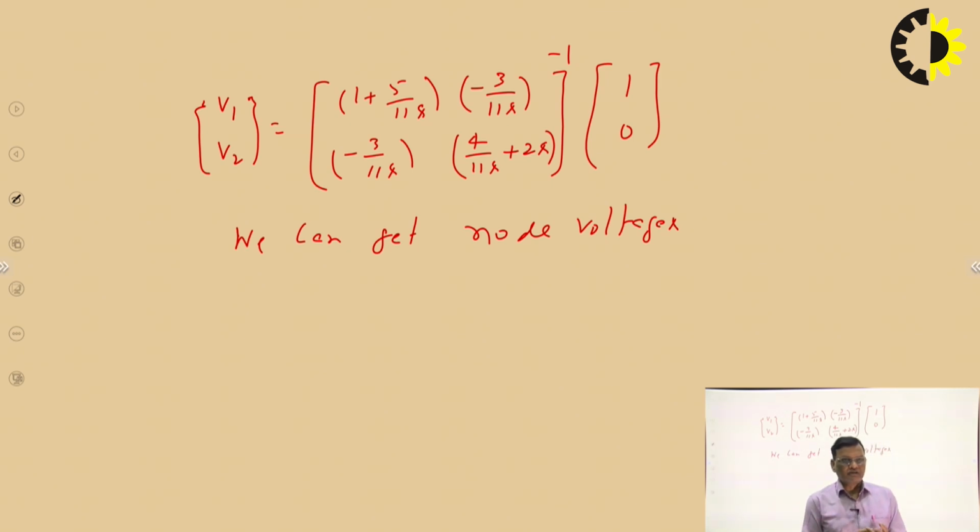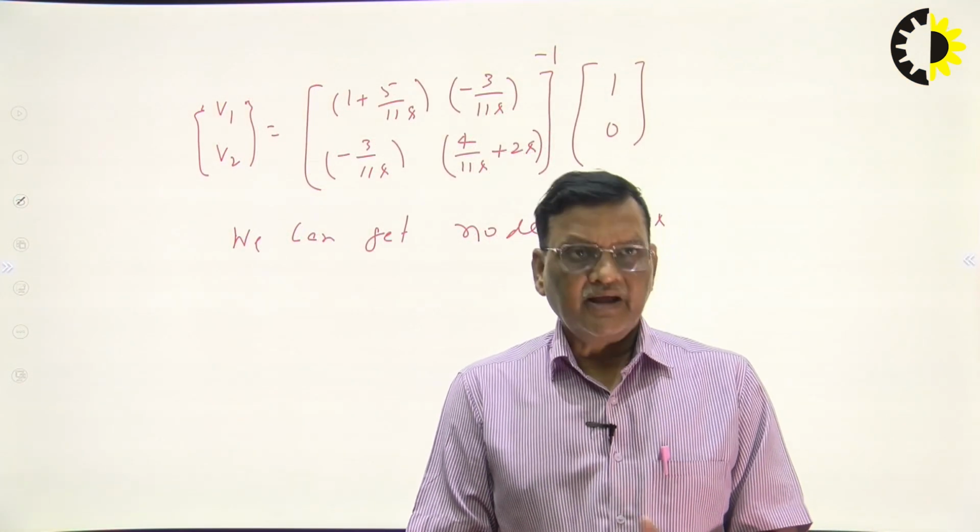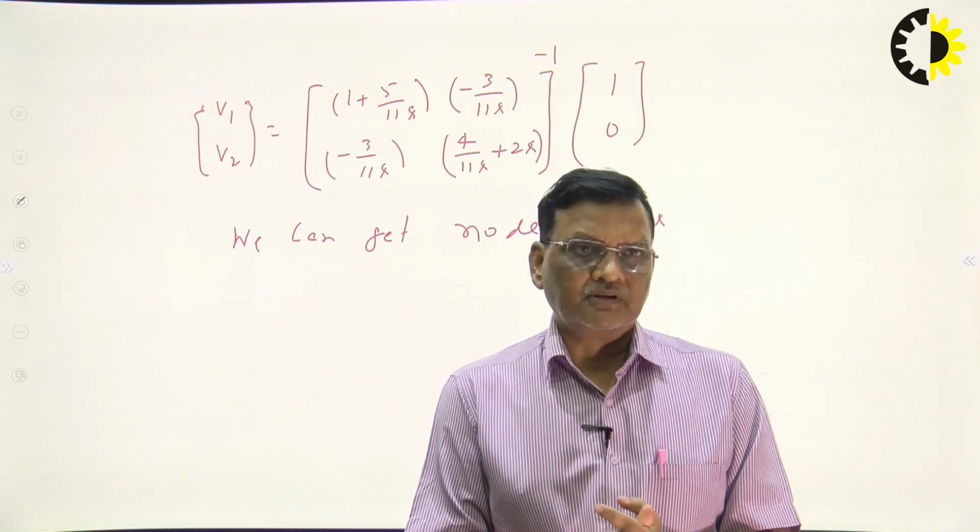First, using the reduced incidence matrix, that is A, or using the fundamental cut set matrix. Using the reduced incidence matrix, we get the node voltages, that is In is equal to Yn Vn. Using the cut set matrix, we find the cut set admittance matrix, which is the multiplication of the fundamental cut set matrix, branch admittance matrix, and transpose of the fundamental cut set matrix. So this way we can solve any complex network using graph theory.